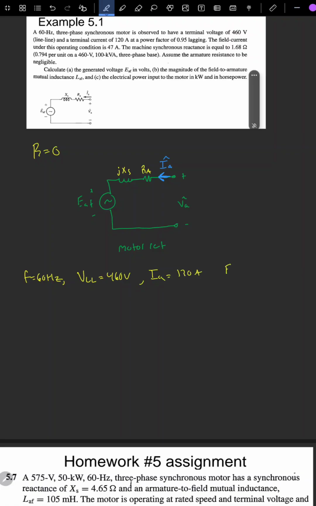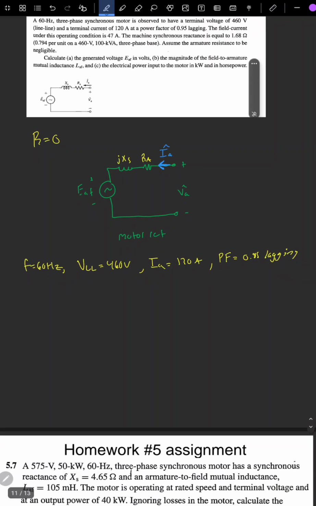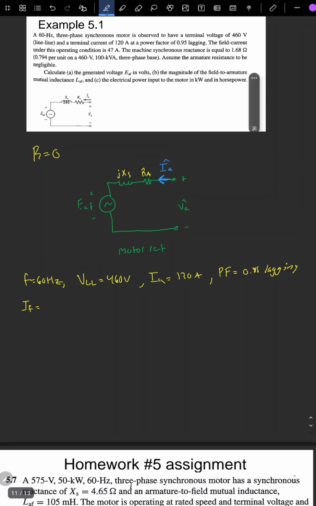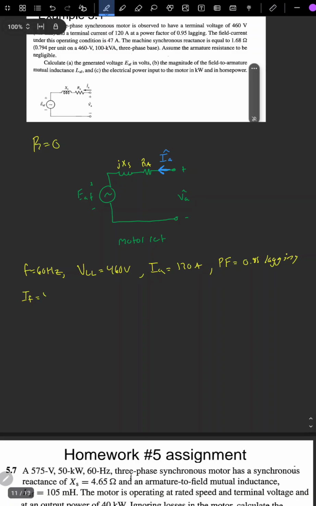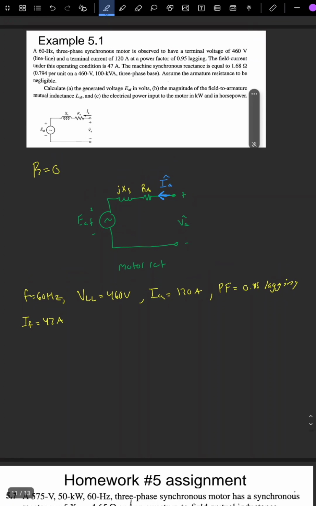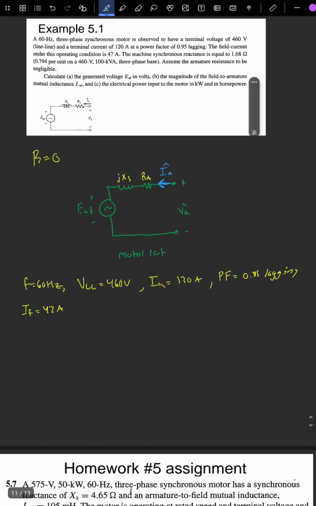And that we know that the power factor equals 0.95 lagging, which is important. And we know that IF is going to equal 47 amps. Alrighty. So, you guys can pause the video, but I'll just get into it.